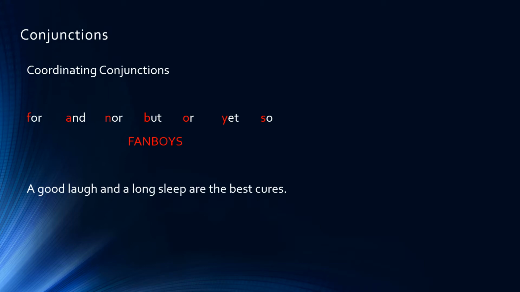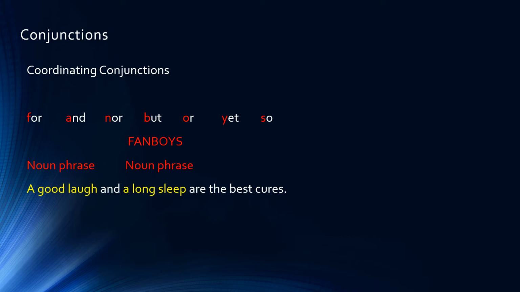Now let's look at a few examples. A good laugh and a long sleep are the best cures. In this sentence, we have 2 noun phrases that are connected by the coordinating conjunction and. A coordinating conjunction is a conjunction that places together 2 equal statements.